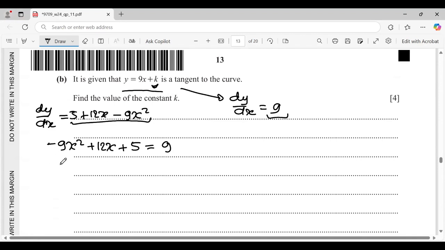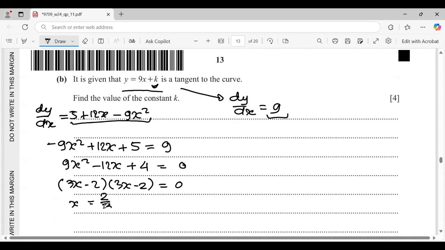Or we can write it as 9x squared minus 12x plus 4 equals 0, because 9 minus 5 equals 4. Through factorization, 3x minus 2, 3x minus 2 equals 0. So it is a double root, 3x minus 2. So x equals 2/3. After that, substitute x equals 2/3 into the first equation.